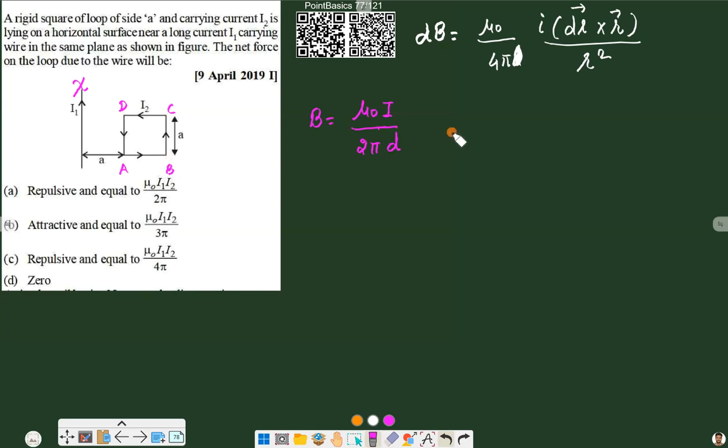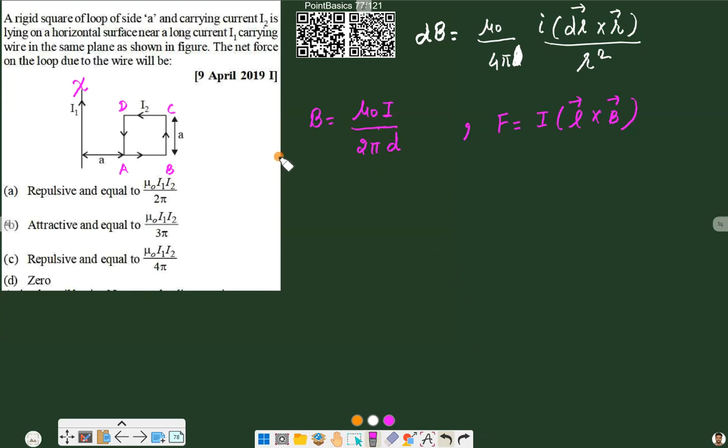But we also know the formula for the force on a current carrying conductor is given by I L cross B, where B is the magnetic field, I is the current and L is the length vector, or direction vector.